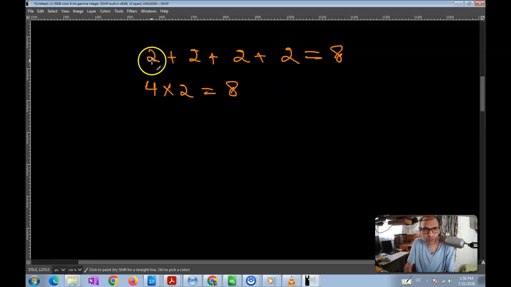So you need to do this addition 4 times, 2 plus 2 plus 2 plus 2, and then through addition you know that it's equal to 8, and then the same 8 you would transfer over here. That way you know that 4 times 2 is equal to 8, right?